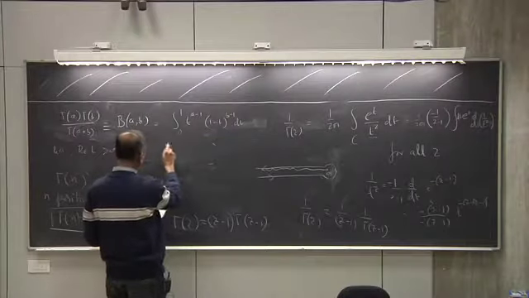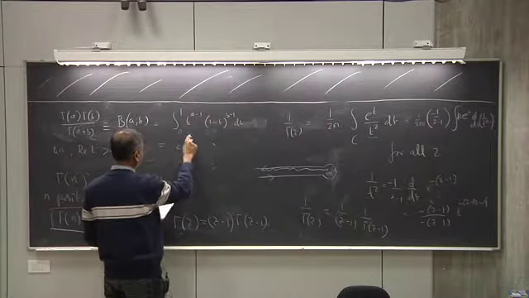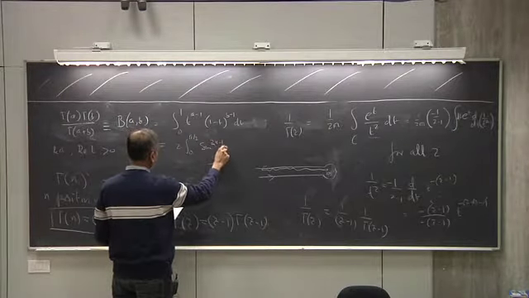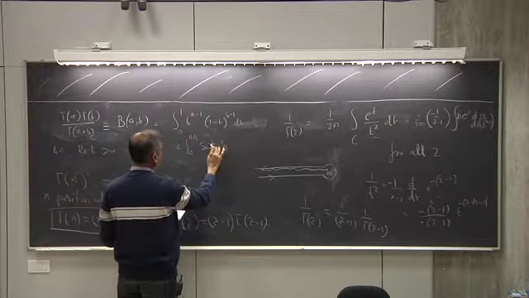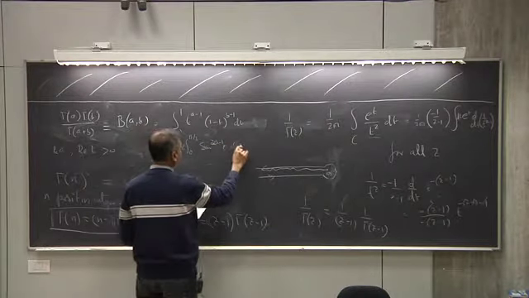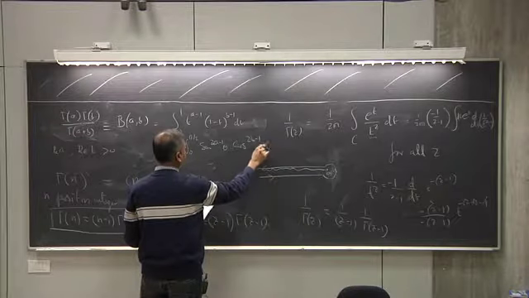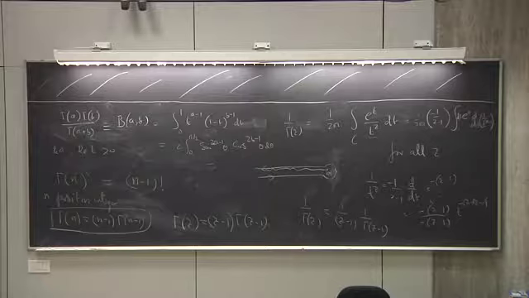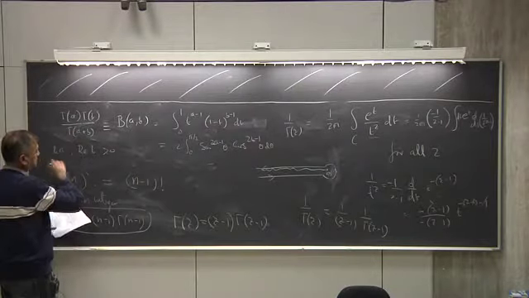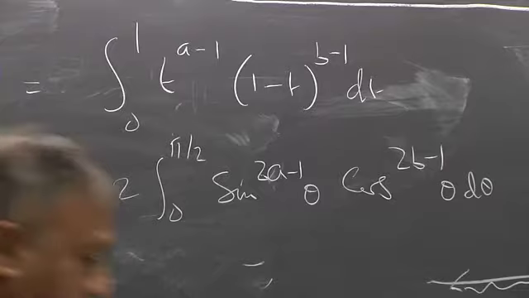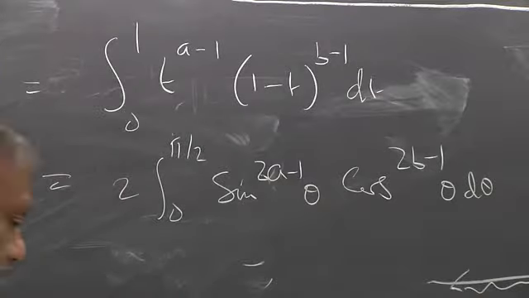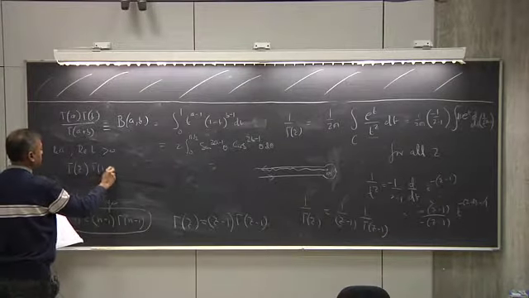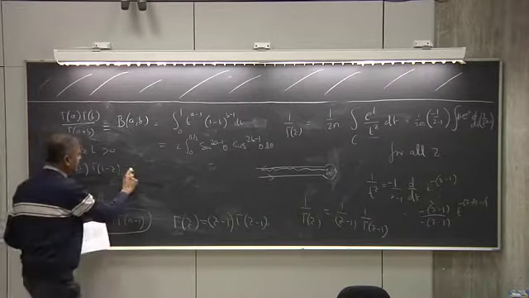Or you can write it in this form, 2 times the integral from 0 to pi by 2 of sine to the power of 2a minus 1 theta, and cosine to the power of 2b minus 1 theta. Okay, there are various ways of writing it. That's okay. But one consequence of this was this important formula, which says gamma z times gamma 1 minus z is equal to pi divided by sine pi z.